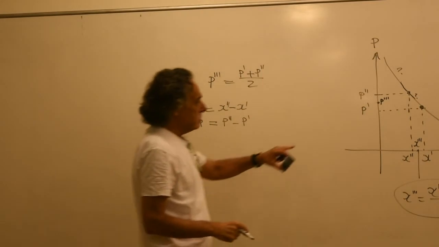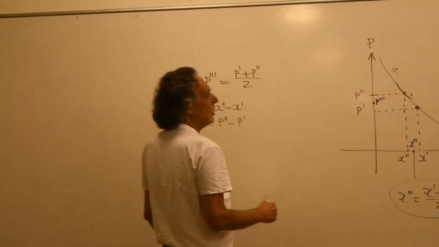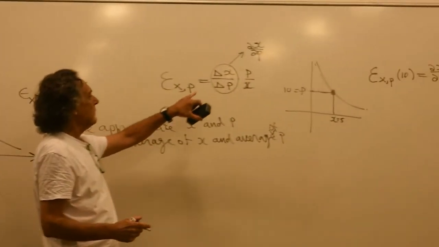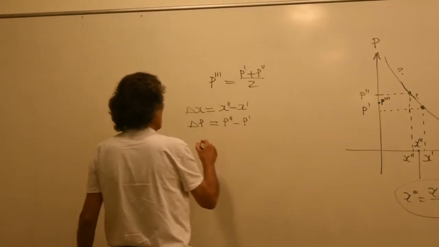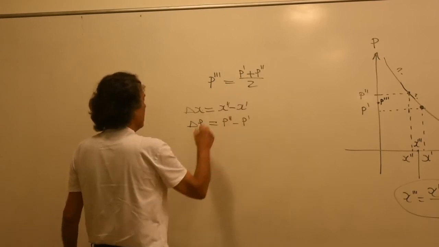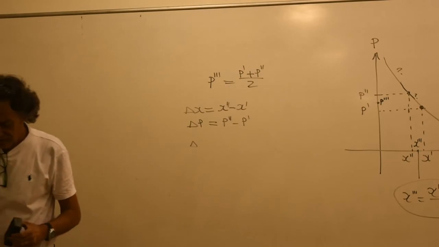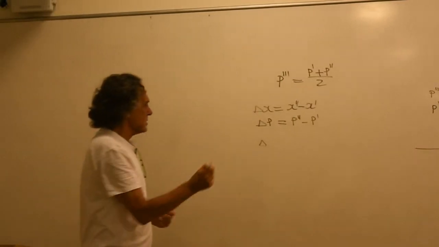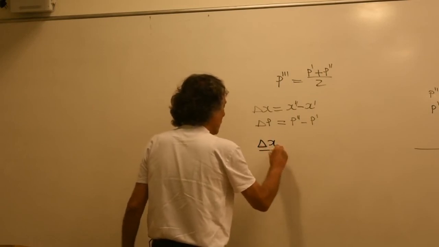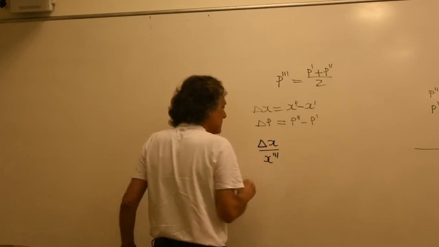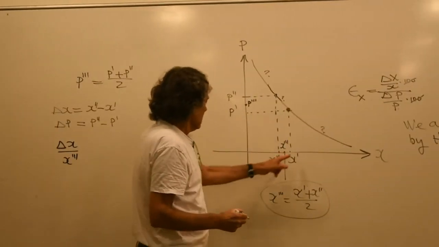Fine, so now I have to divide this by x, or if you like, I should multiply by p over x, or let me do it slowly. So delta x over x triple prime. Why? Because I take the average of this.